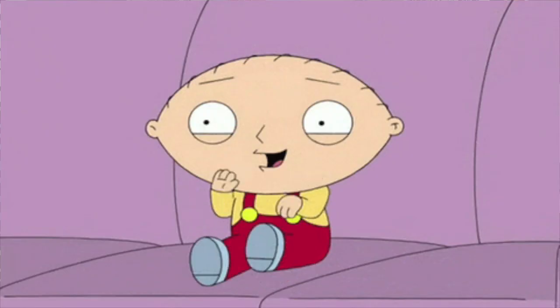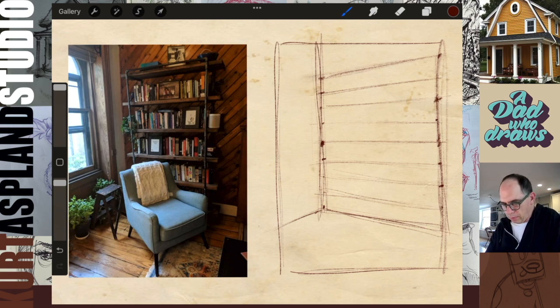Let's get this armchair in. Now if you notice, this armchair is not parallel with the walls. So let's just say this is my room here. I'm going to make this small so we can kind of see it.